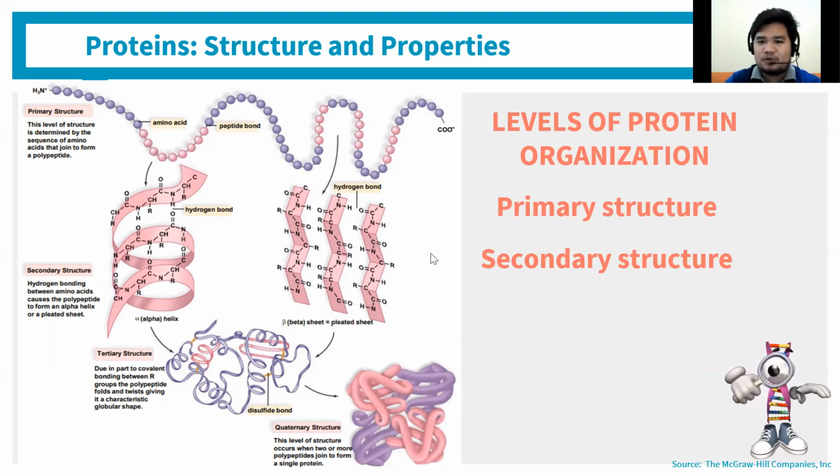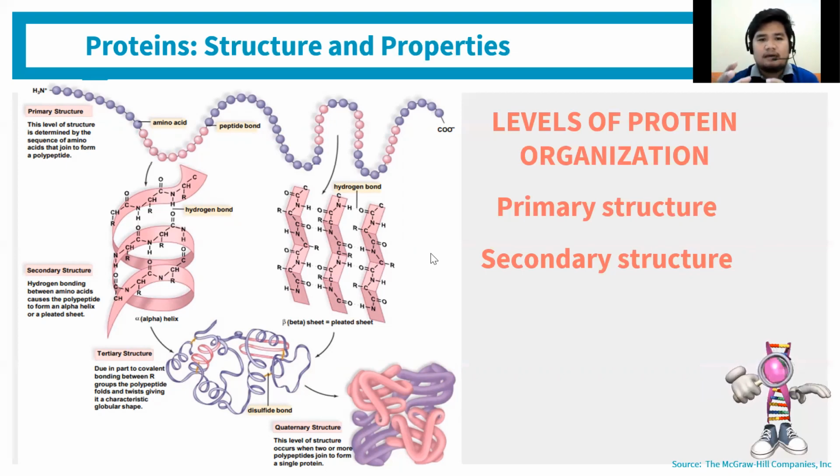Okay. So, for tertiary structure, nagsasama-sama si alpha helix sheets at si beta pleated sheet structure. Nagsasama-sama sila para maka-form ng 3D structure. Yun yung kanyang tertiary structure. Okay? So, paano nangyayari ito?